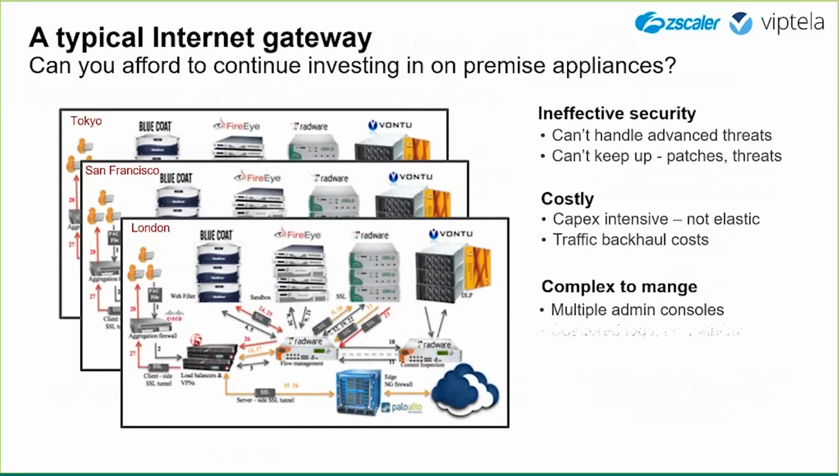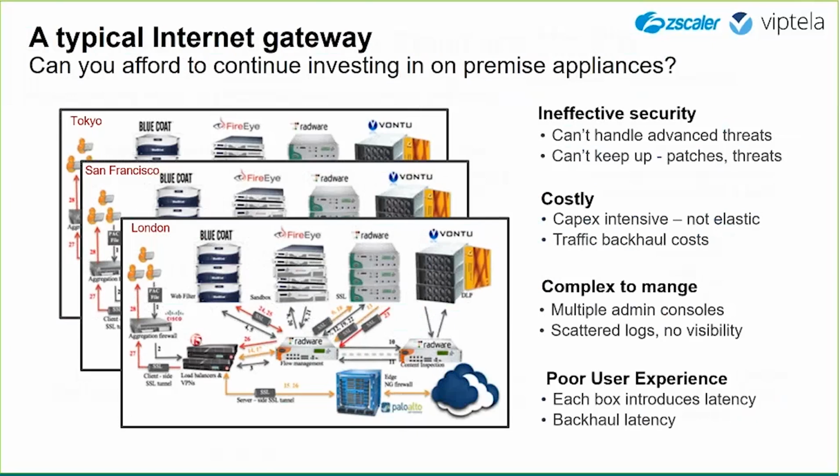So when you think through those challenges, you have to take into account what you should be doing with security. If you look at the typical way that a large enterprise would build an internet egress point security system, there is a number of different appliances that your traffic might flow through.